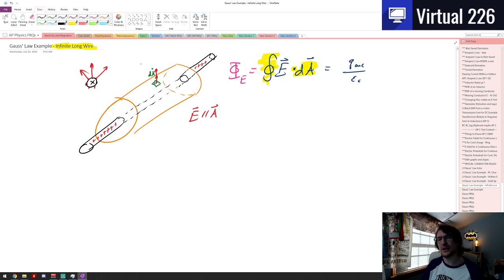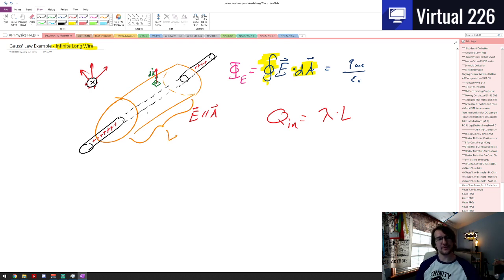So a better way to think about this is that the charge enclosed inside this Gaussian cylinder is equal to a linear charge density multiplied by some length. And that length is just however long you've encapsulated.